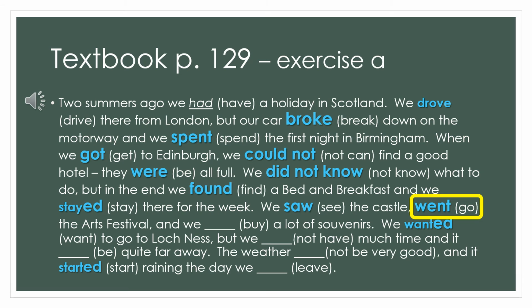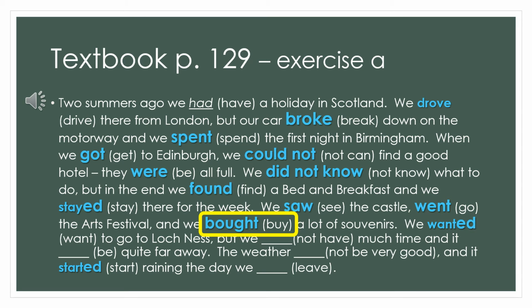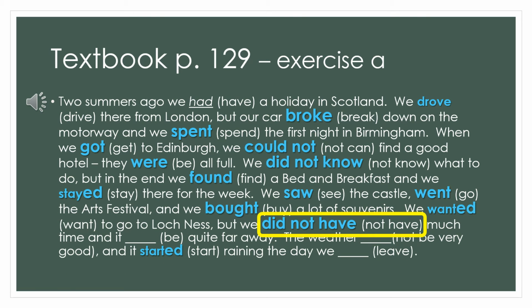Went. Buy becomes bought. Bought. To make the verb have negative, you must add the auxiliary verb did.